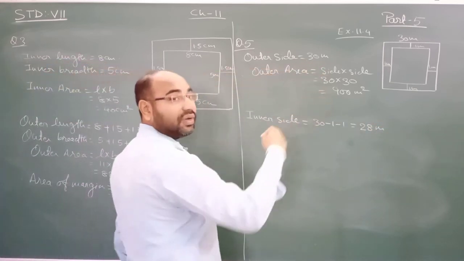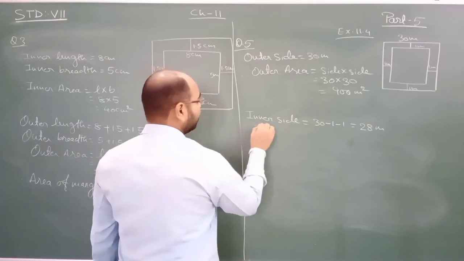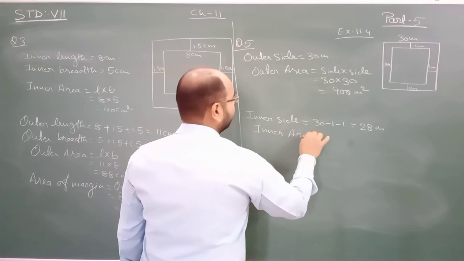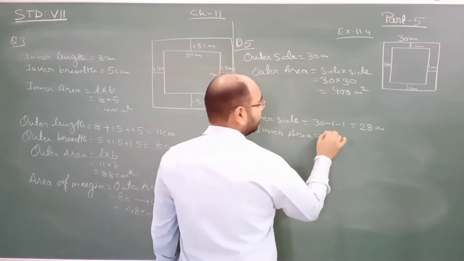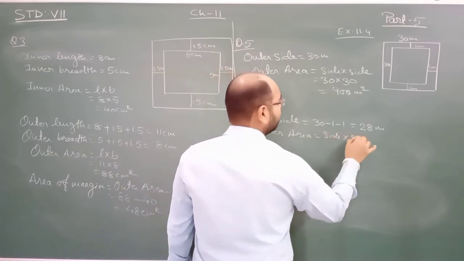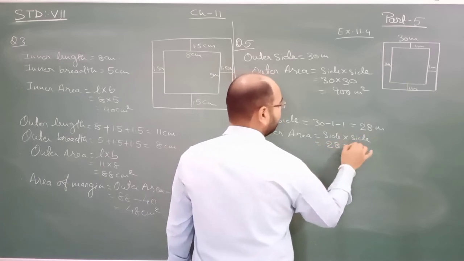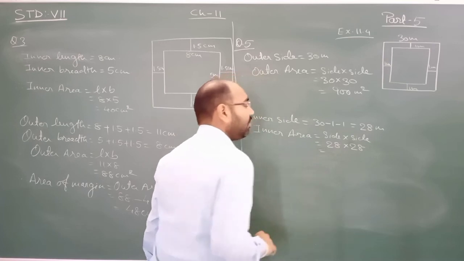वो अंदर के स्क्वायर का साइड हो गया, सो देयरफॉर इनर एरिया इज इक्वल टू side into side, and that will be 28 into 28.